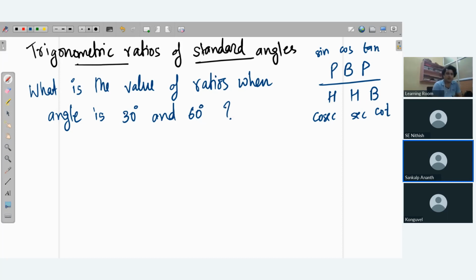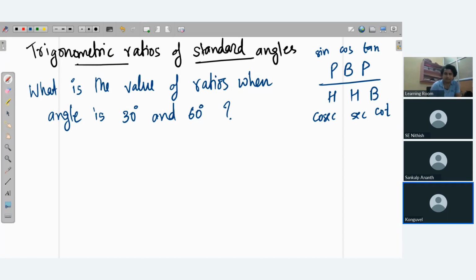Meaning, if I am in a situation where the angle is 30 degrees, what is sine 30? What is cos 30? Likewise, other trigonometric ratios at the value of 30 degrees. So have you seen this before? Ratio values at this angle, 30 degrees and 60 degrees.